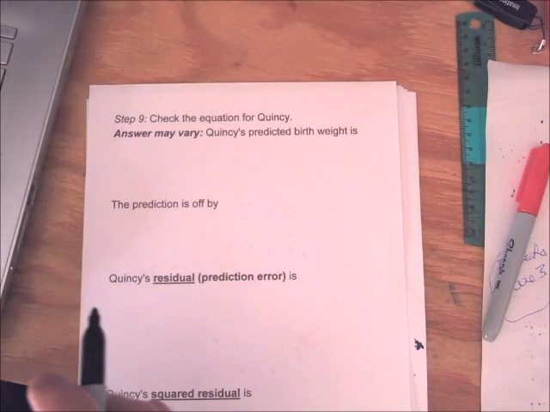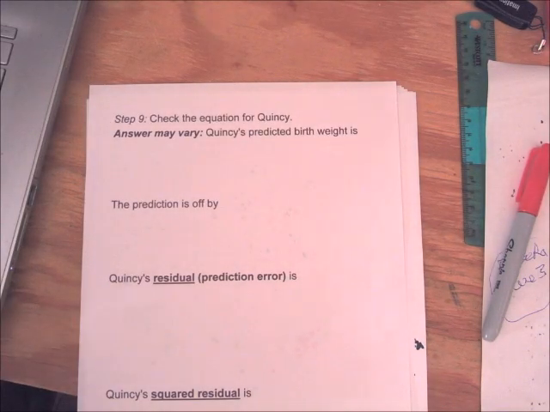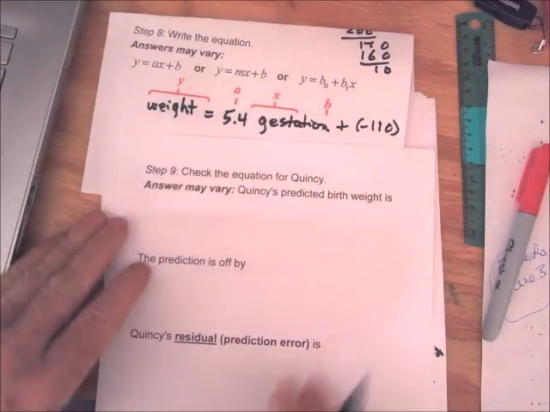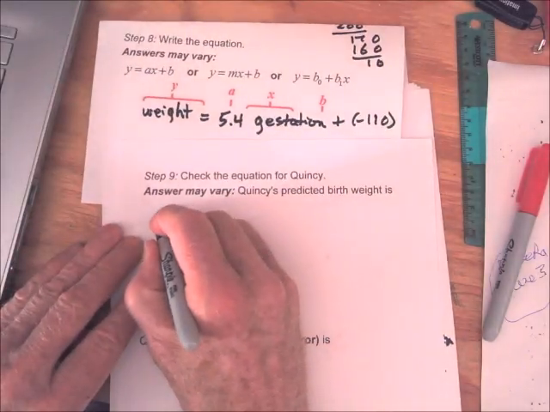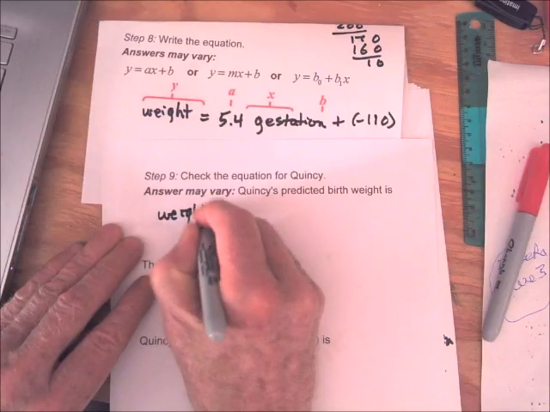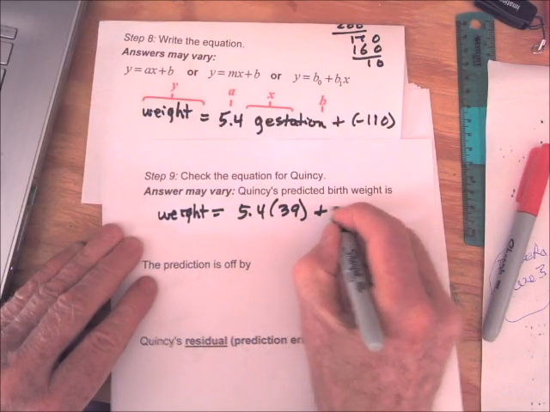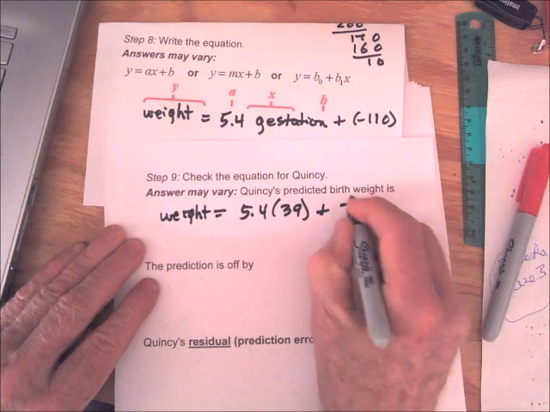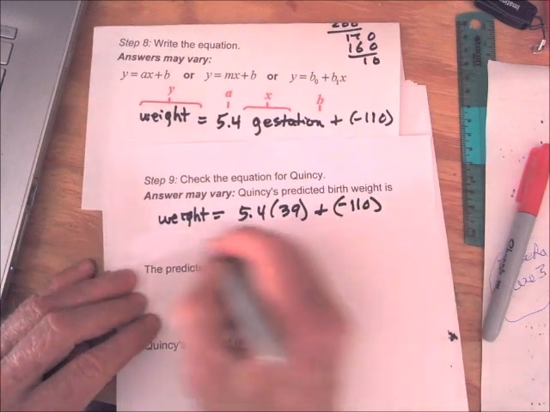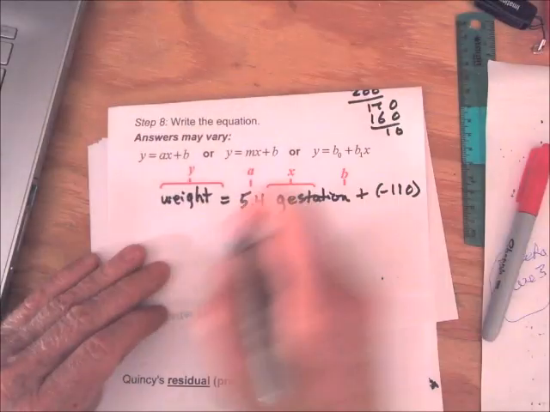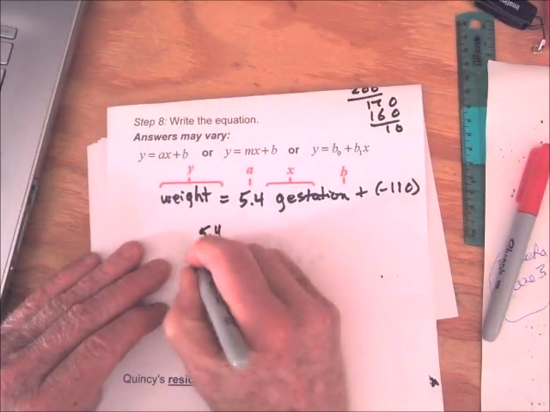So if we use this equation here, the predicted weight is 5.4 times 39 plus negative 110. Okay, so 5.4 times 39.